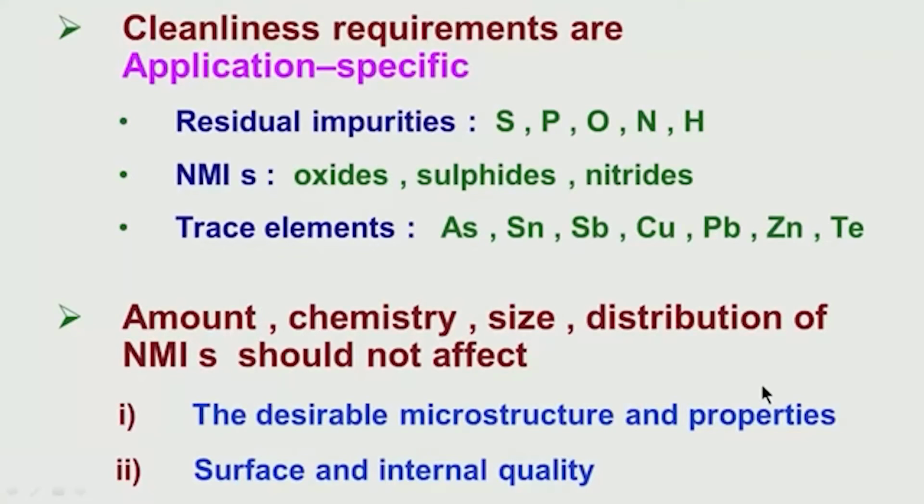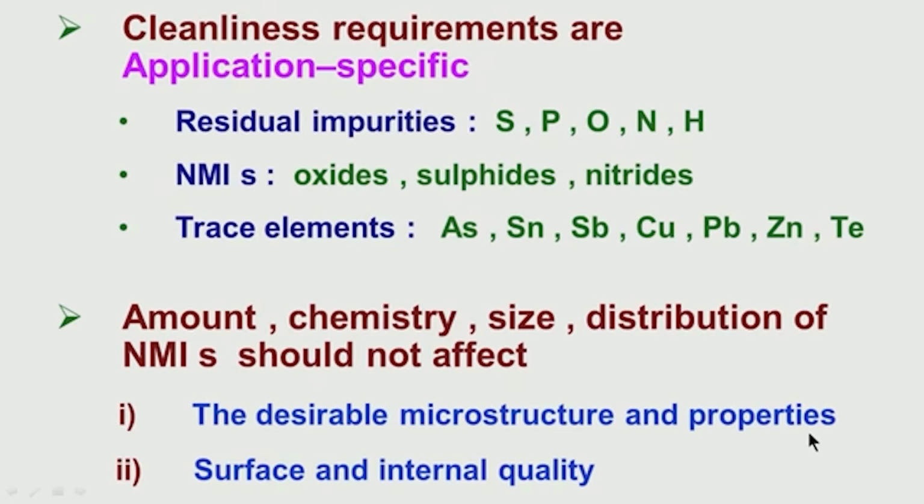Now, these non-metallic inclusions, their amount, their volume fraction, their chemistry, that means the type of non-metallic inclusion, whether it is oxide, sulfide, oxysulfide, what type of oxide it is, their size, their distribution, all these issues are very important and they are going to influence the microstructure and consequently the properties of the steel.